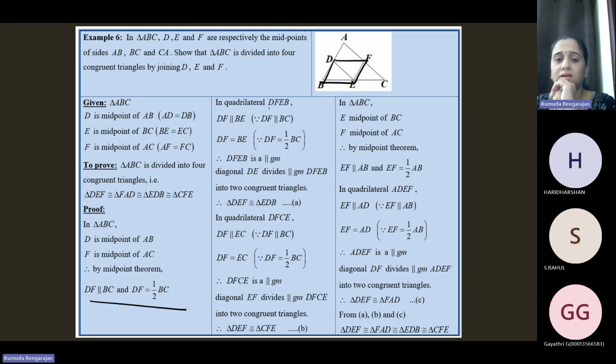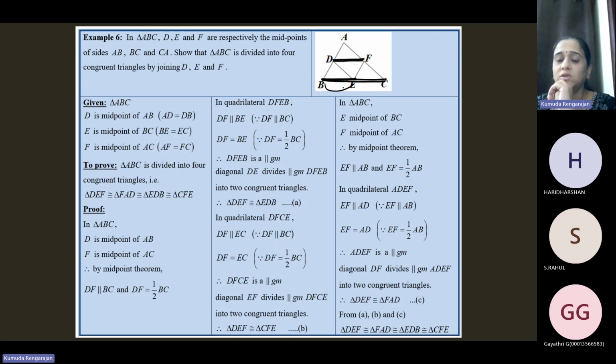In this quadrilateral, we've proved that DF is parallel to BC. That means DF is parallel to BE. And DF is equal to half BC. And half of BC is BE, so DF is equal to BE.